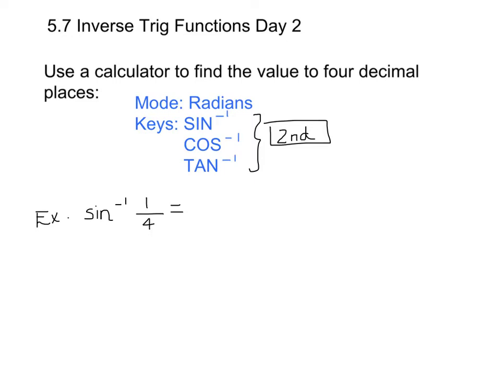After you change your mode to radians, on most calculators you type the second key, and then sine, and then enter 1/4 and hit enter.